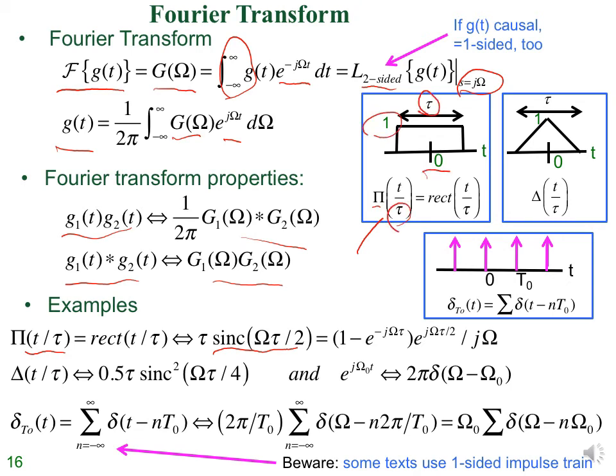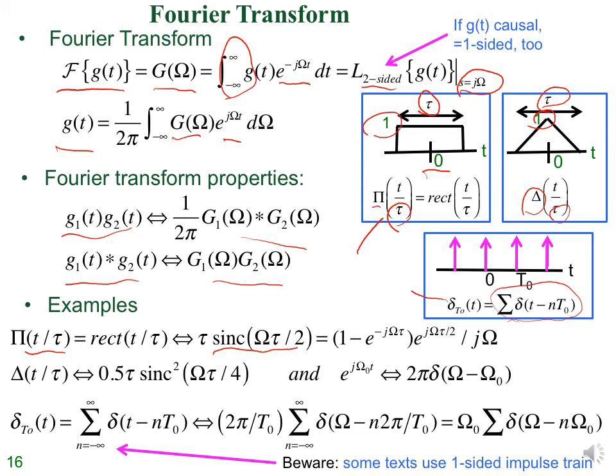Similarly, we define the triangle function with a height of 1 and a width of tau. One last definition is the periodic impulse train, where the impulses are separated by t0. Again, these are infinitely high but have area 1. Or just write it out as the infinite sum of delayed versions of the impulse.